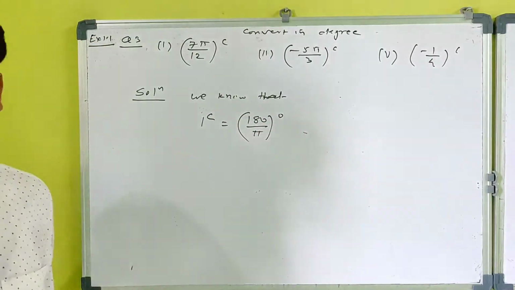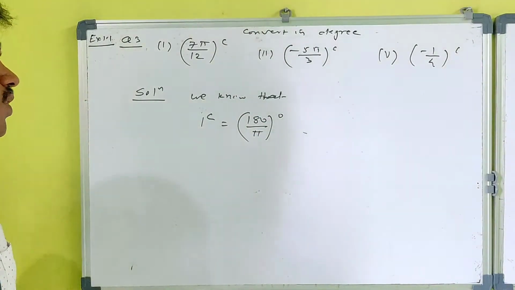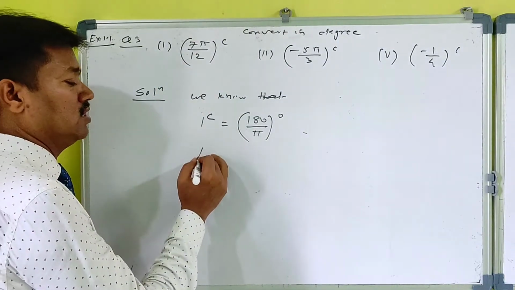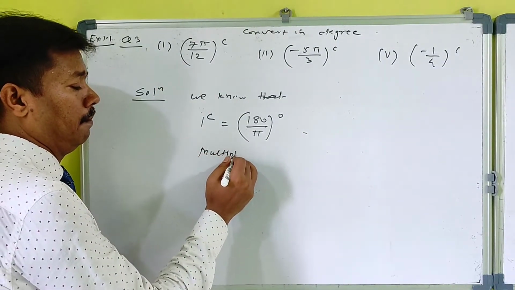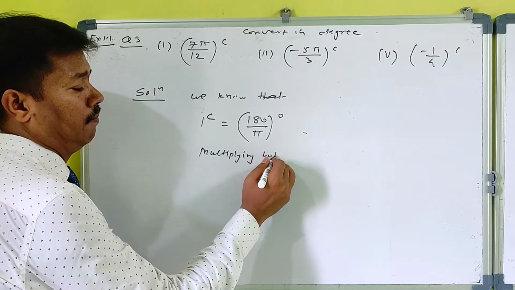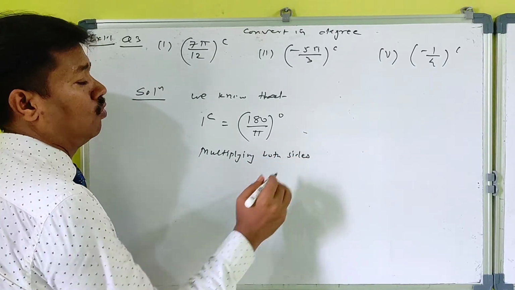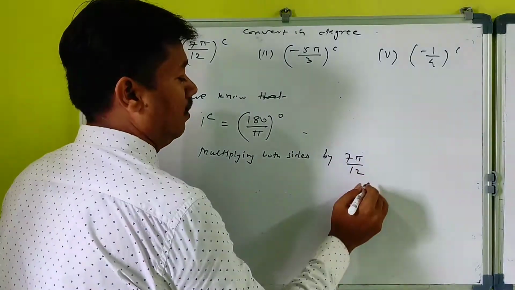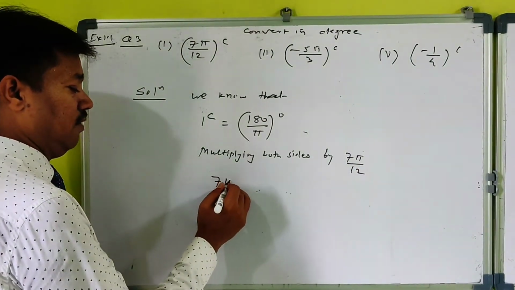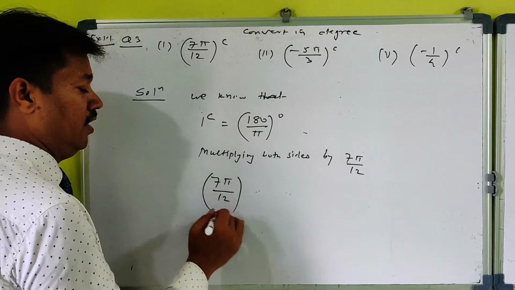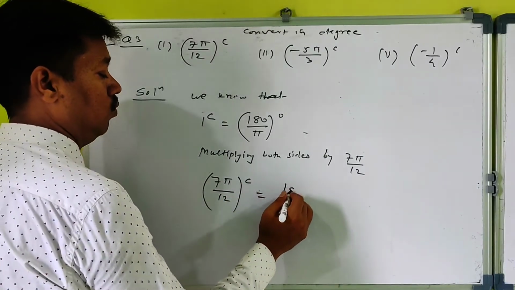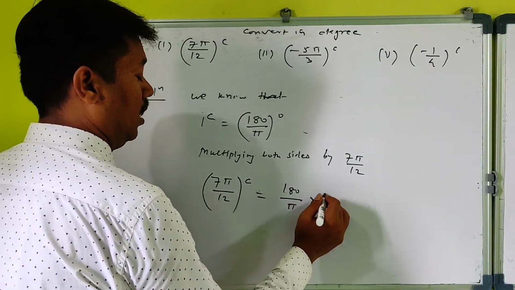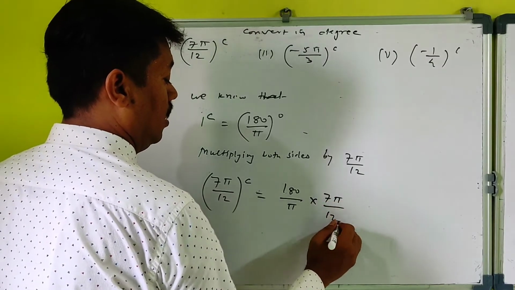So multiplying both sides by 7 pi upon 12. So it is 7 pi by 12 radian, which is equal to 180 upon pi into 7 pi by 12.